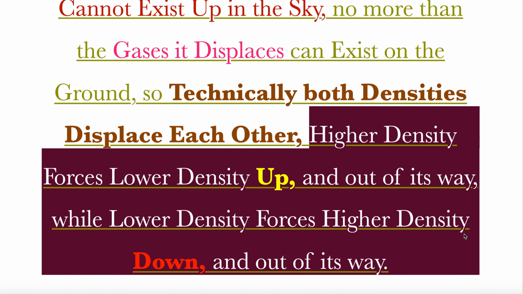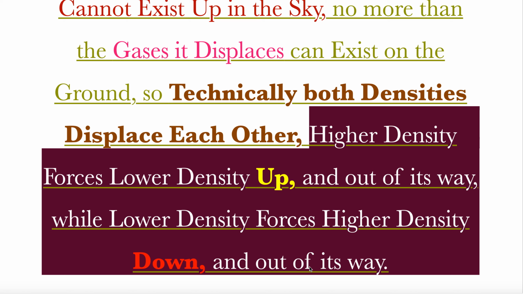Higher density forces lower density up and out of its way, while lower density forces higher density down and out of its way. Now people might look at that and say, how does lower density force higher density down? Well, it's making it impossible for the higher density to be up there. So it's causing the higher density to fall, if you want to say it that way. I'm not saying that it has a consciousness.